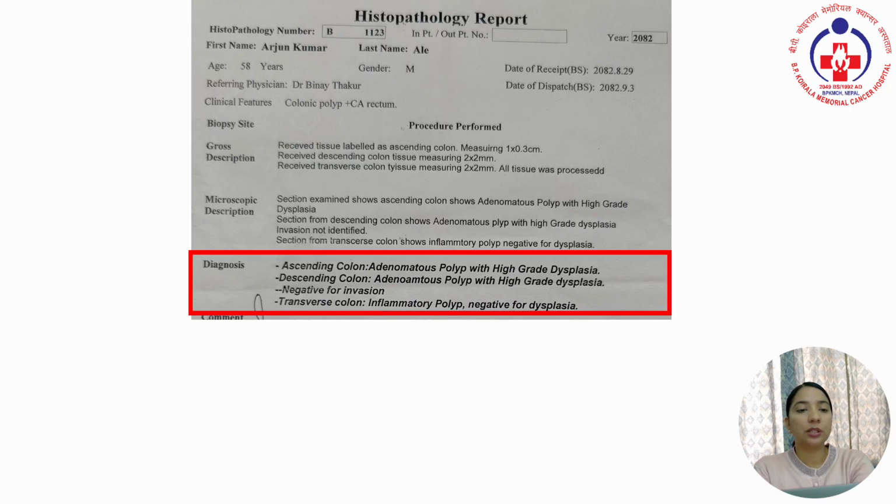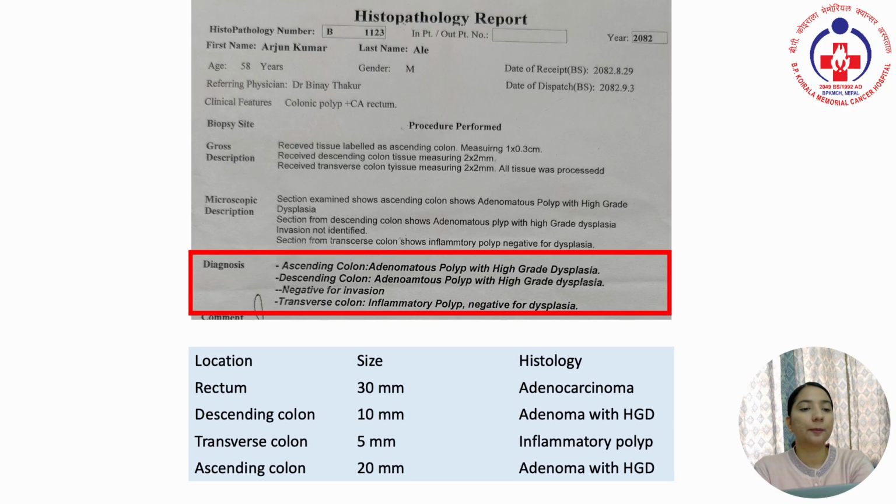The histopathology report of the descending colon polyp, 10 mm in size, showed adenoma with high-grade dysplasia with no cancer invasion. The transverse colon 5 mm polyp was only an inflammatory polyp, and the ascending colon polyp, about 20 mm, showed adenomatous polyp with high-grade dysplasia, also negative for invasion.